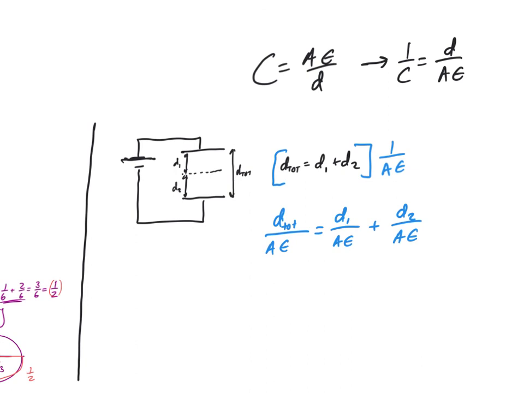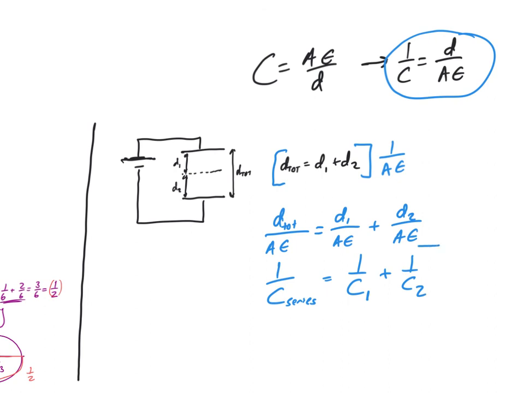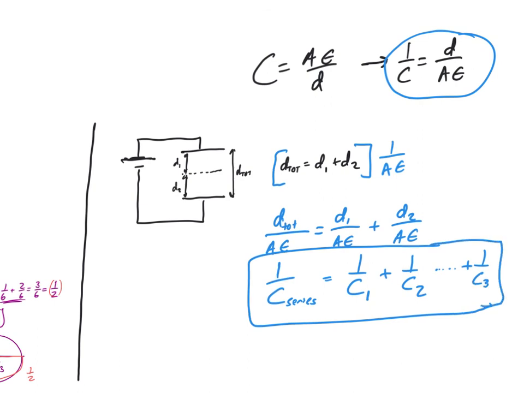As expected, I'm getting inverse relationships. 1 over the total capacitance in series is equal to 1 over the capacitance of the first one plus 1 over the capacitance of the second one. If there were more, then I'd add on more in series, as need be.